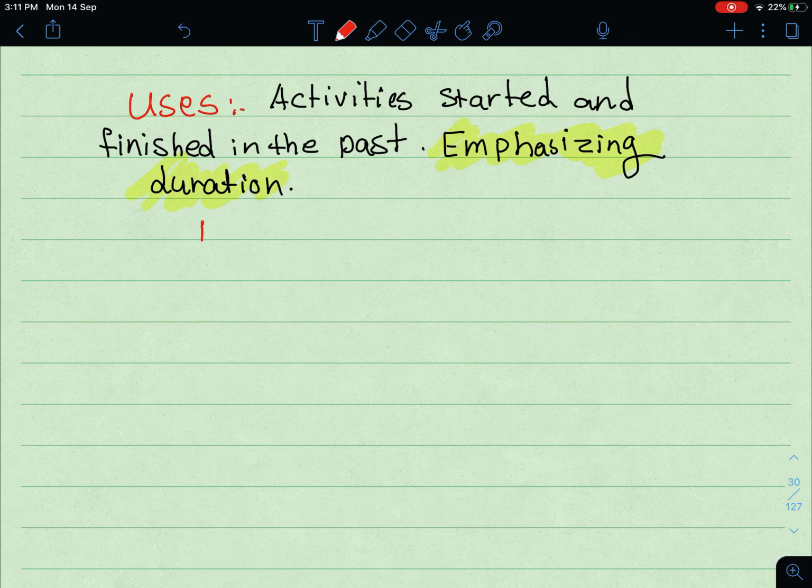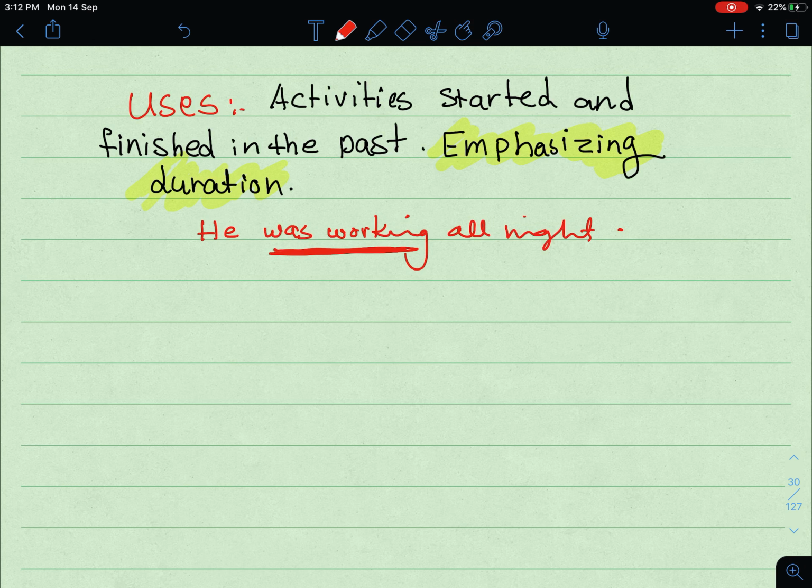For example, if I say he was working, okay, all night. Okay, this is what we mean by the past progressive. هذا ال past progressive. It means that it lasted for a while. استمرت لفترة في الماضي. خلاص.